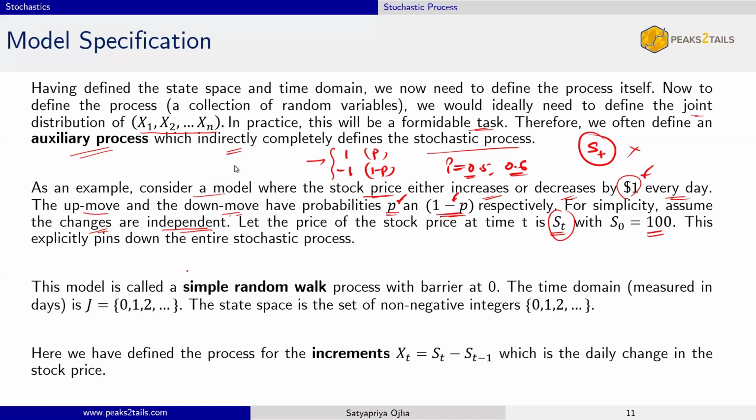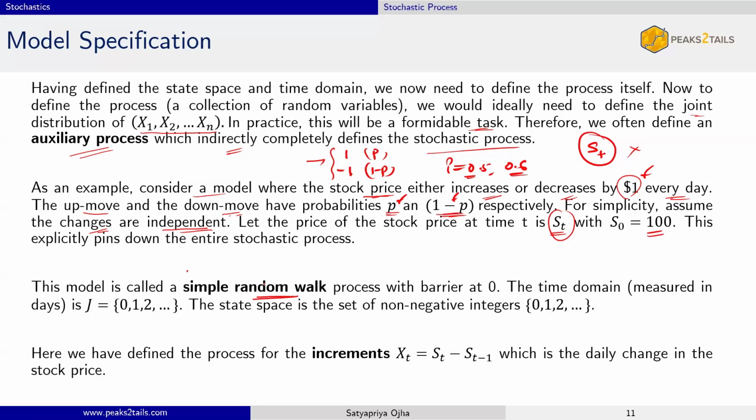All right. Now, this particular model is called the simple random walk process, because it is as simple as it gets, right? What is the minimum way in which you can model a random variable?